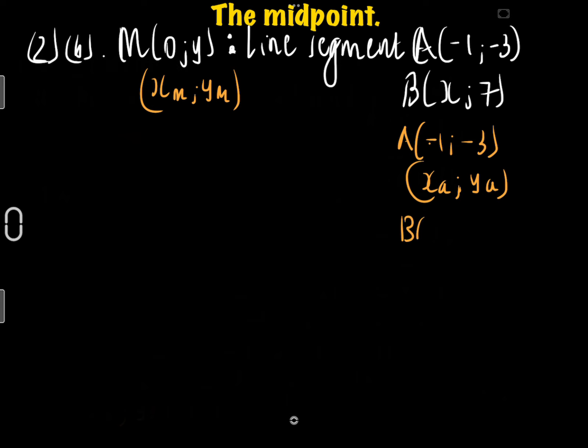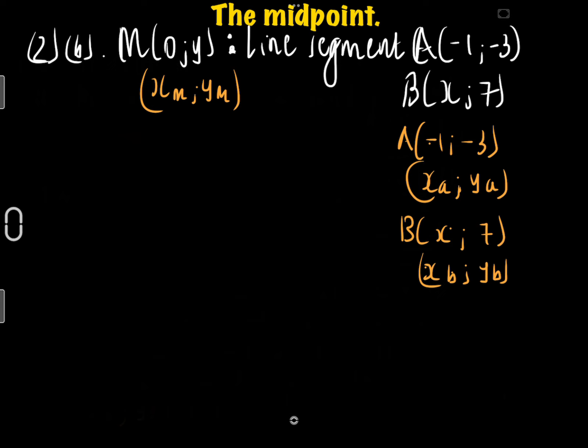And then for B, we are just given x, and we are given 7 on the side. So here we have xb, and y is simply yb, which in this case is 7. So by substitution, we are going to use our midpoint formula once again.